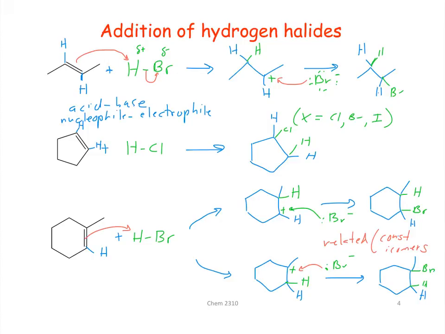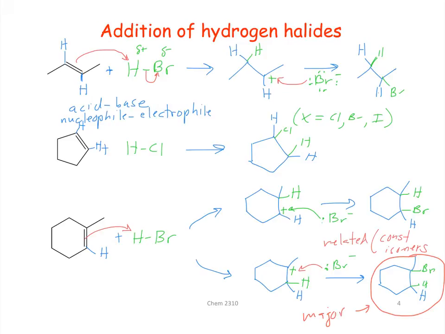All right, so do we think that one of them will get formed more or less than the other? It turns out that these are not formed in equal amounts, and it's this bottom one that is the major product. Okay, so let's see if we can understand why that is.